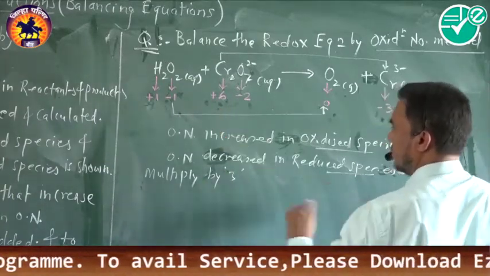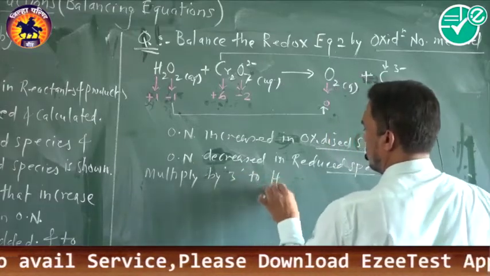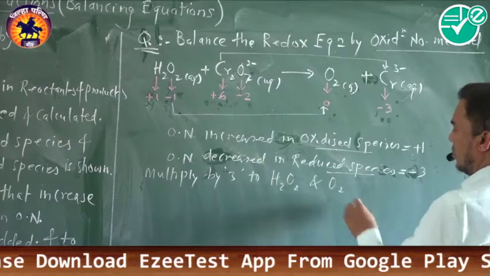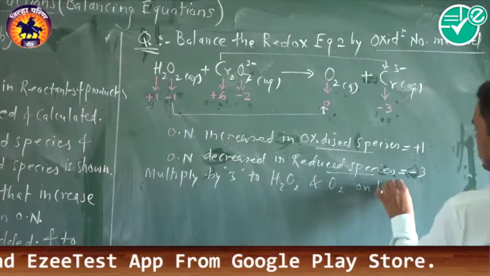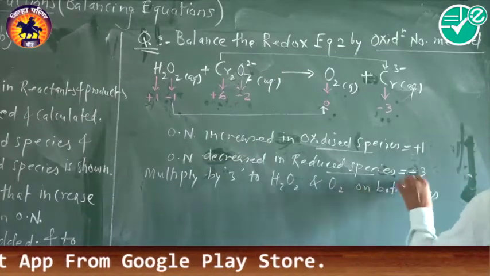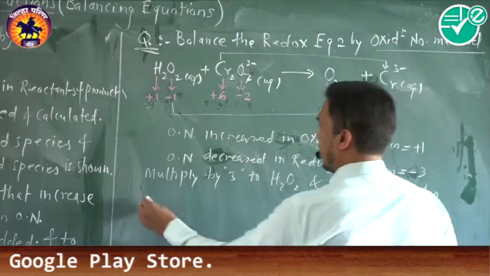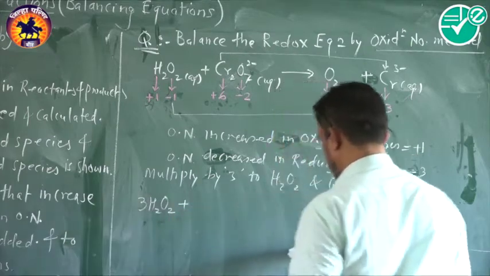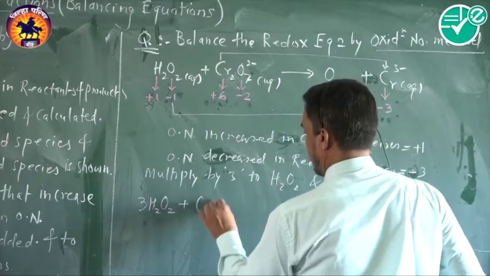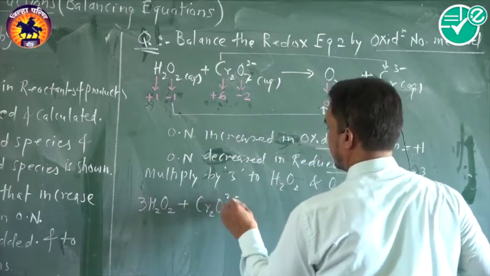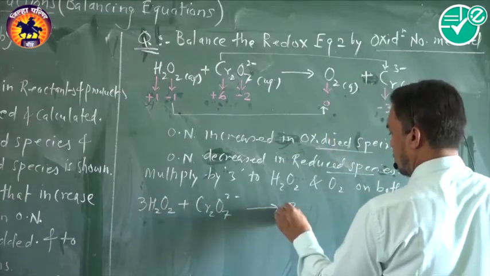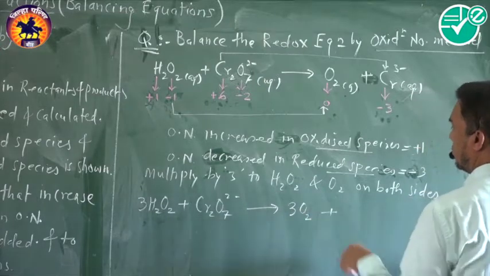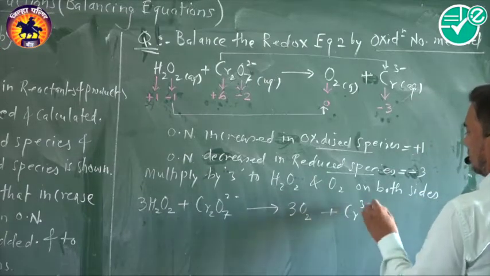So multiply by 3 for H2O2 and O2 on both sides. So it comes out to be 3 H2O2 plus chromate ion is equal to 3 O2 plus Cr3 plus.